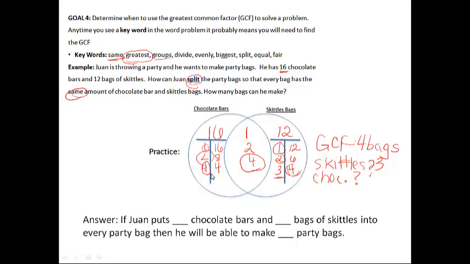Okay, over here we said, okay, there's 4 bags, and in each one, the 4 goes with it, so there would be 4 chocolate bars. So each bag would have 3 bags of Skittles, 4 bags of chocolate. If he puts 4 chocolate bars and 3 bags of Skittles into every party bag, he is able to make 4 bags total.